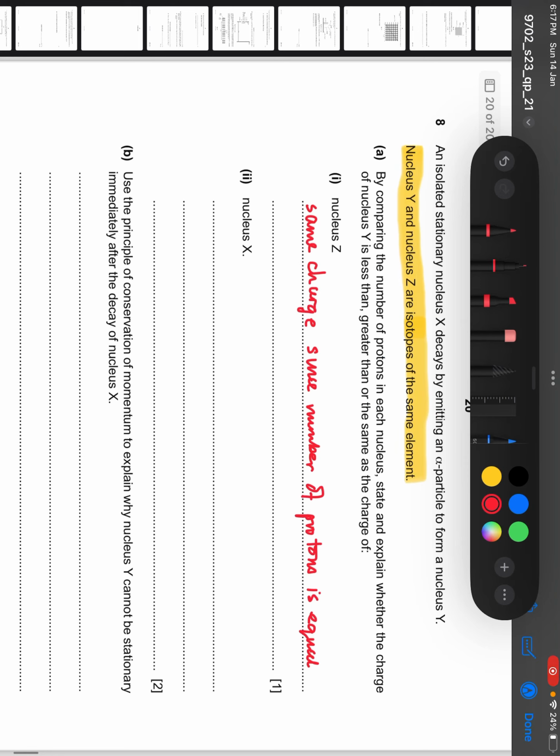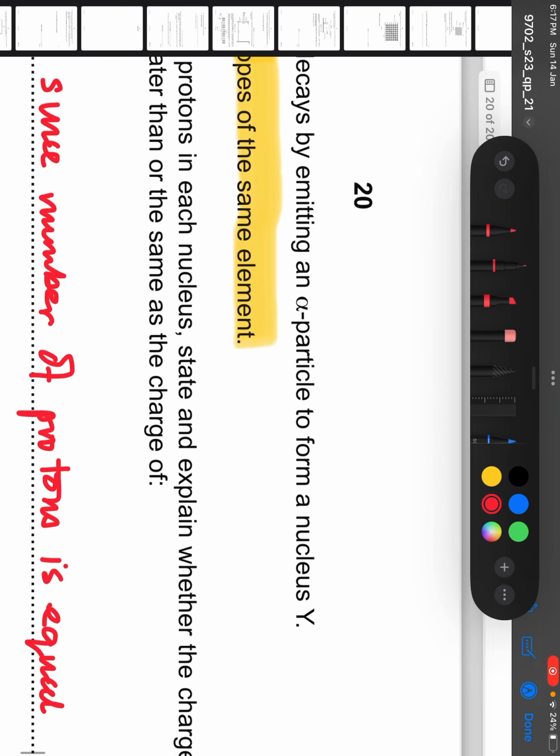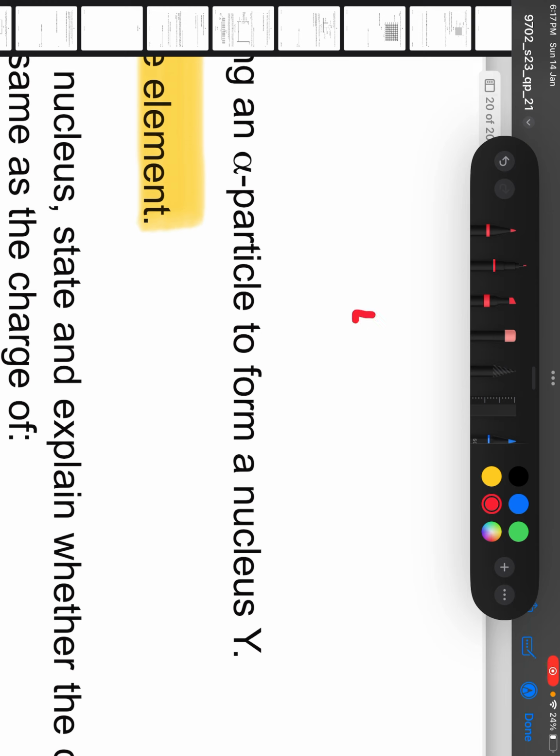Okay, next one is comparing nucleus Y and nucleus X. We are told that nucleus X decays by emitting an alpha particle to form nucleus Y. So it is apparent that nucleus Y has 2 fewer protons, because an alpha particle, as we should remember, is a helium nucleus.